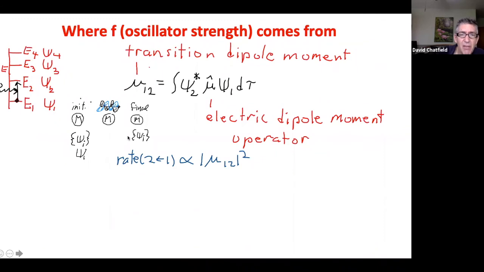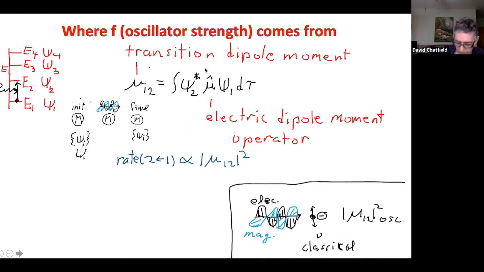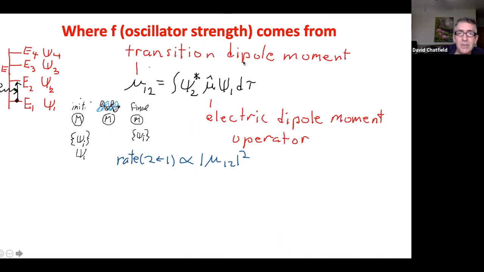Because these psi functions describe the initial or the final state, we call them the stationary states, before and after. The result of acting on psi1 with this electric dipole moment operator will be some function phi, and phi is a linear combination of the accessible states.